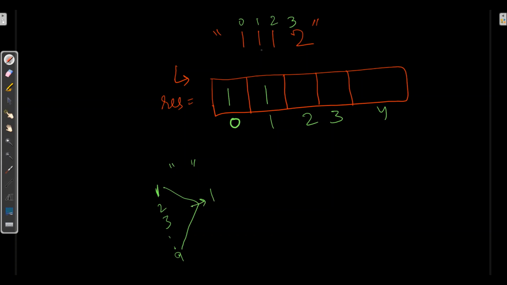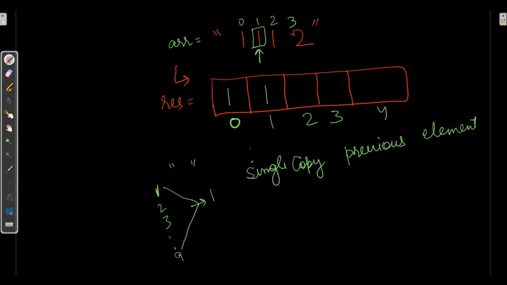Then we will start with the first index of our input array where we will check for single digit. If it is lying between 1 to 9, we will copy the previous element, and then we will check for two elements. 11, if it is within 26, we will take the sum of the last two elements. And then we will check for the next index.